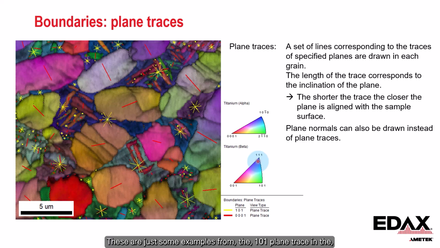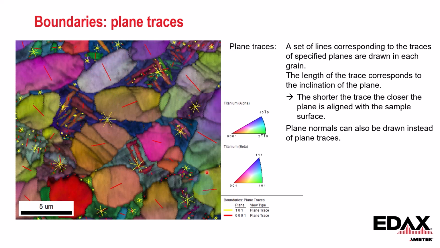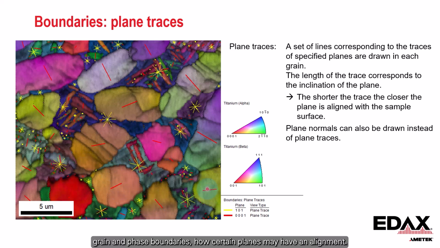These are just some examples from the 101 plane trace in the cubic beta phase, and the 001 plane trace from the hexagonal alpha phase, in these different grains. We can see how they can be used to visualize how these orientations are aligned spatially in the grains, and also to compare, as we go across grain and phase boundaries, how certain planes may have an alignment.